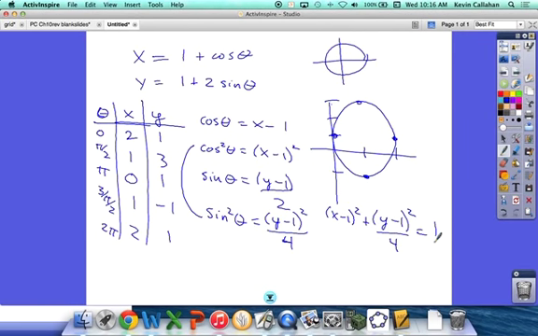So it is an ellipse. It's an ellipse which has a center at 1, 1. The a squared is 4, so a is 2. So from there we go up 2 and down 2. The b squared is 1, so b is 1. Left 1, right 1. That's it. Okay.